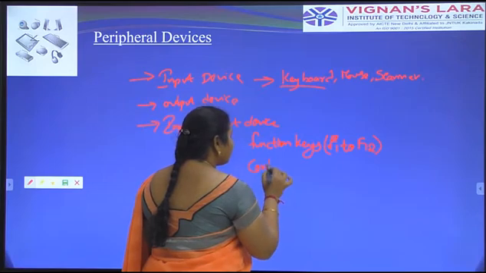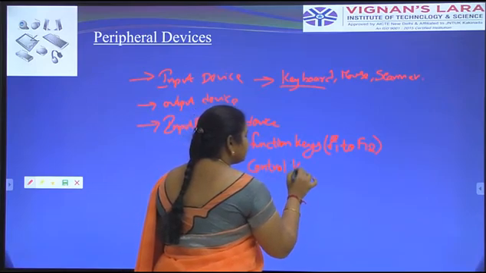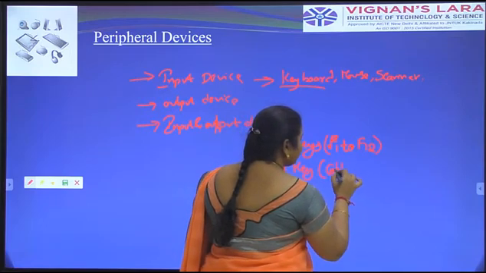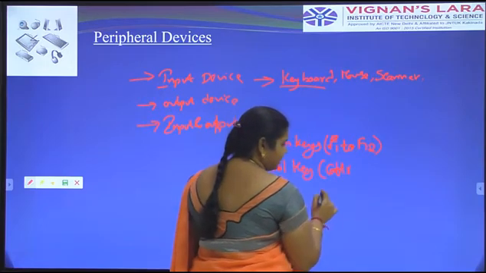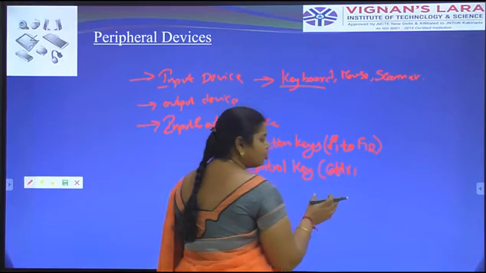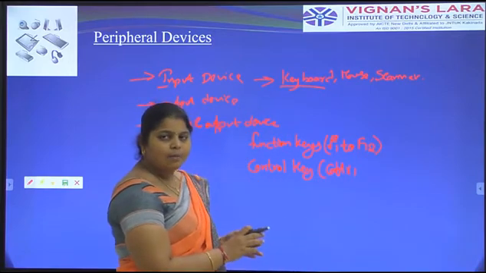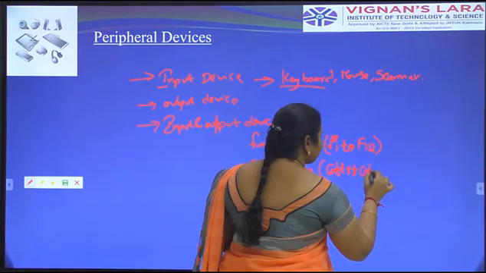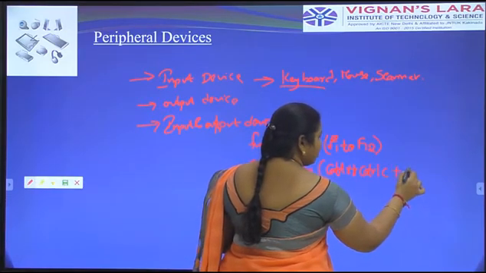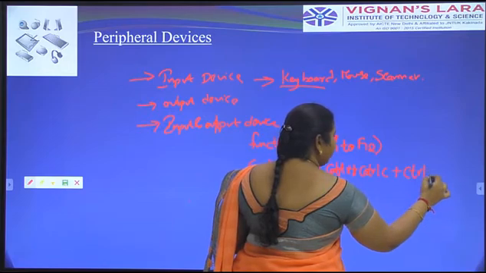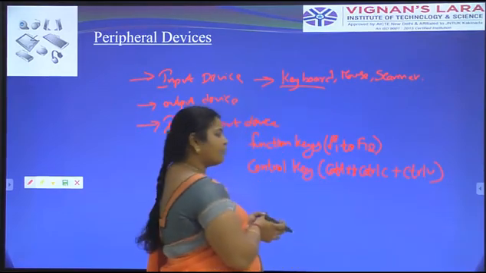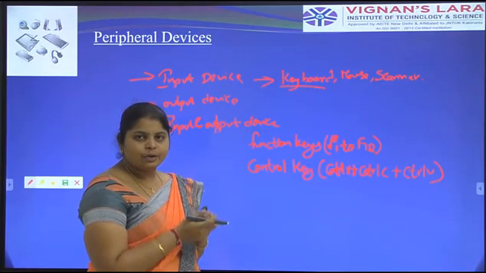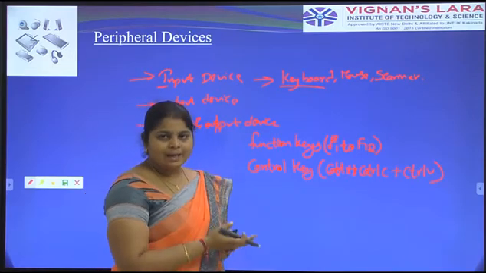Next, control keys. They include Control X, which means cut; we cut the content with the help of Control X. Control C means copy. Control V means paste. Control T means open another tab.